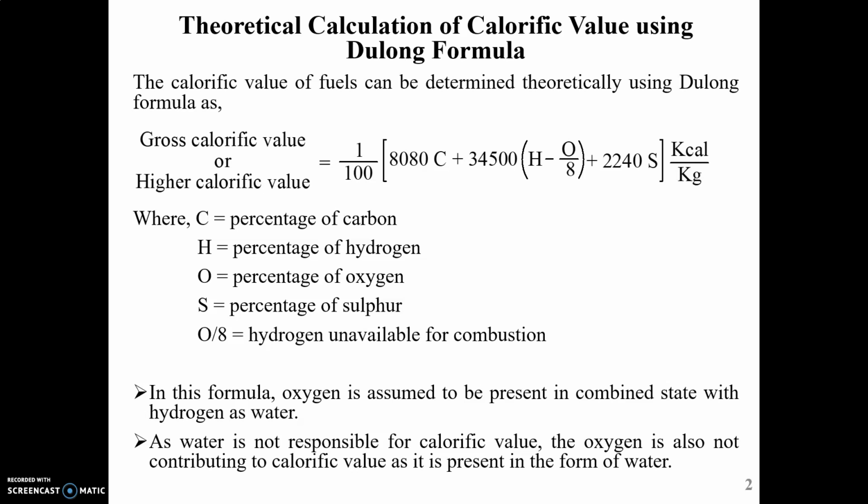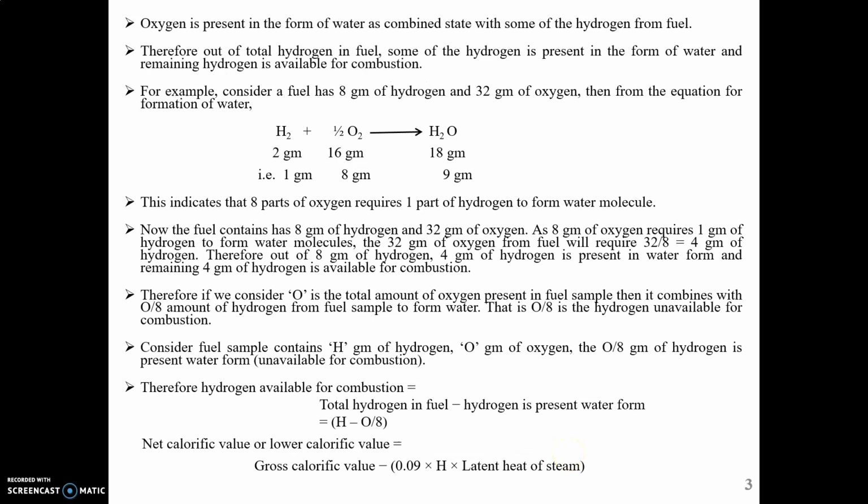That means we assume the total oxygen in fuel is present in the form of water, that is H2O. This means that the oxygen is present in combined state with some of the hydrogen from fuel in the form of water.